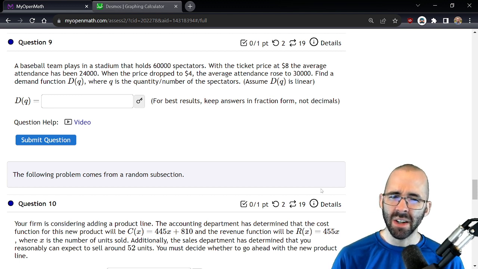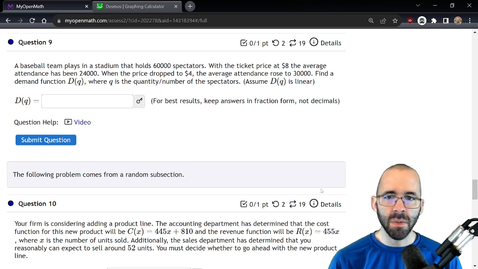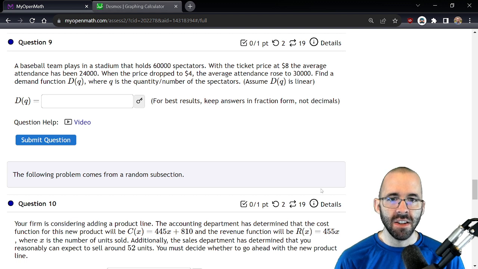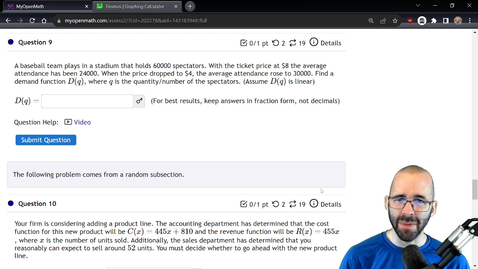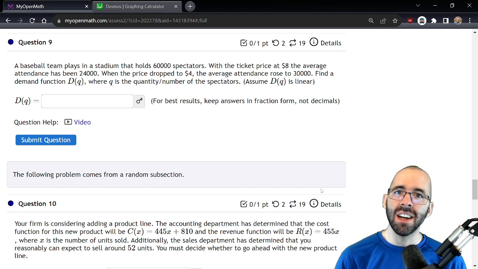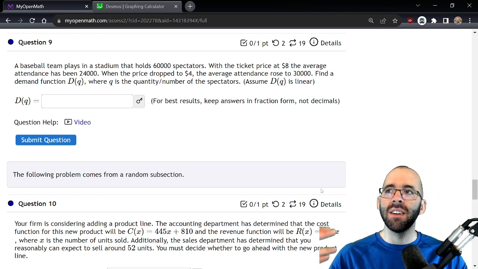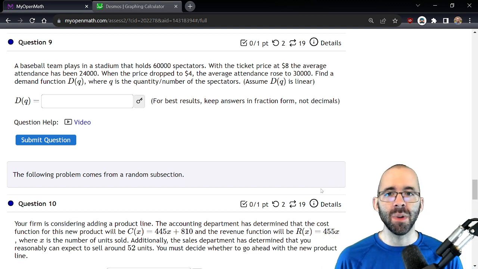Again, this one's a little weird because our demand function now is telling us our price. Q is the spectators, and our output is going to be price in this case, which is a little flipped from what we have. And we're using D for demand of price. It's a little bit of a weird problem that's not really consistent with our notation, which is why I'm doing it now, because again, there are a lot of different ways of formulating this.